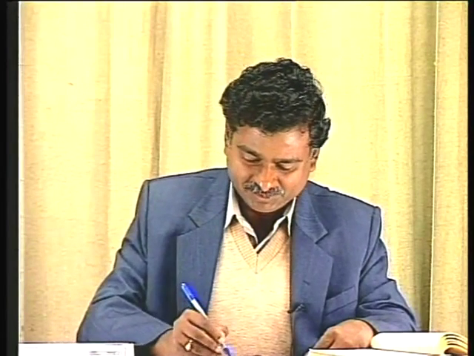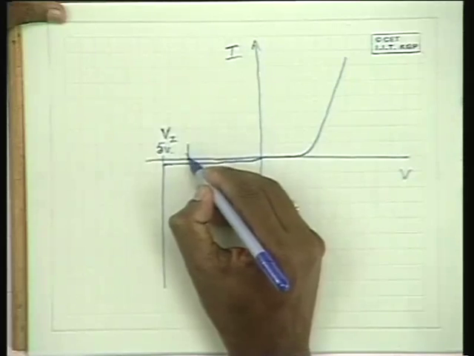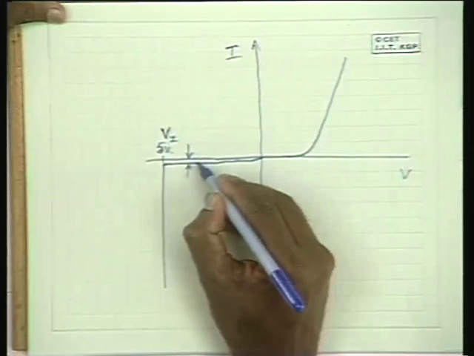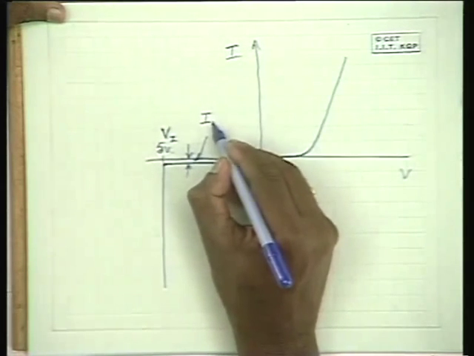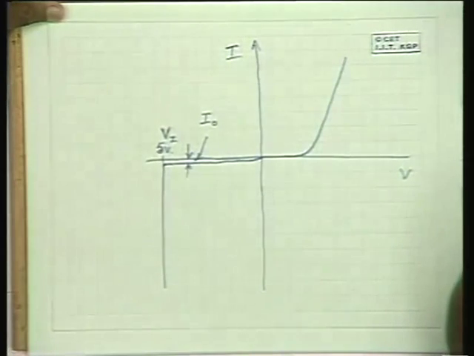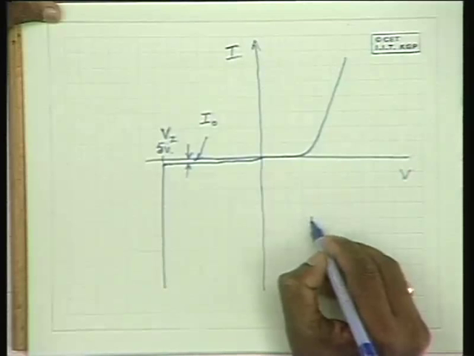I forgot mentioning one point earlier when I discussed the volt ampere characteristics of a diode. Please look at this diagram. I said this current is equal to the reverse saturation current. Now how much is this reverse saturation current?